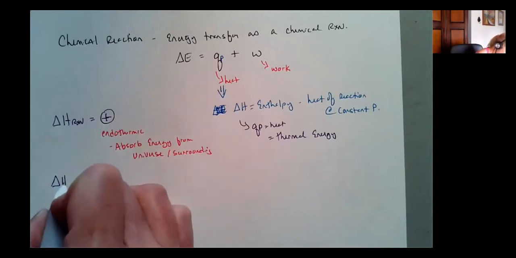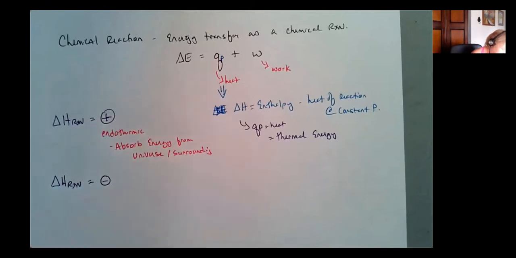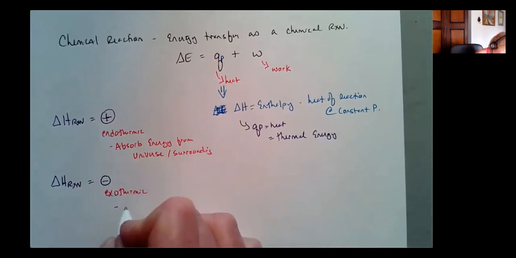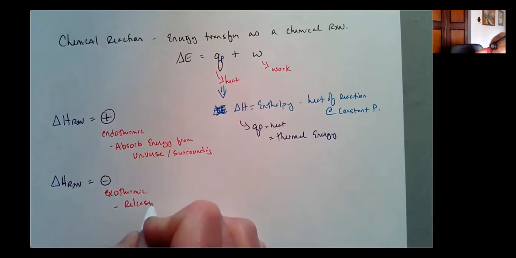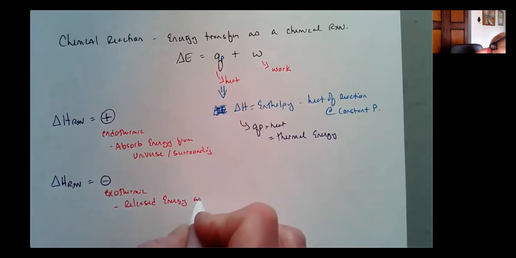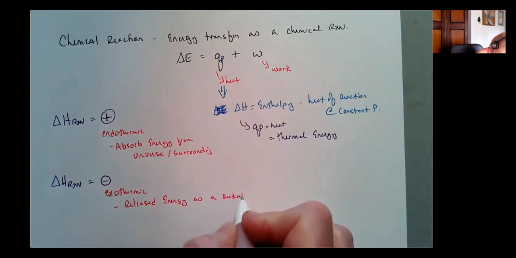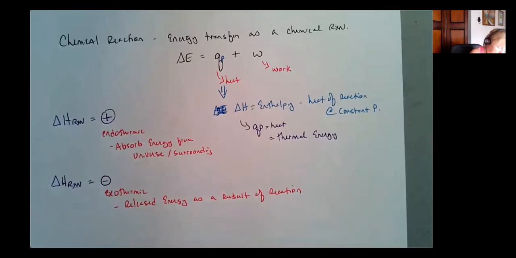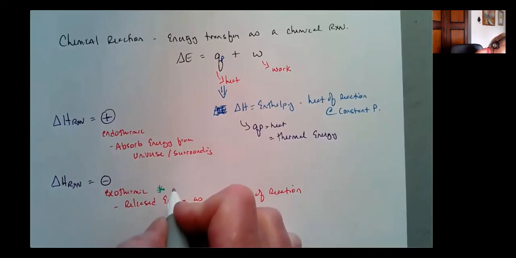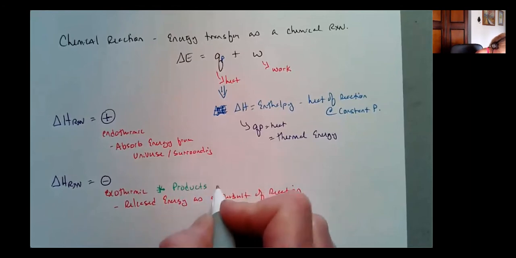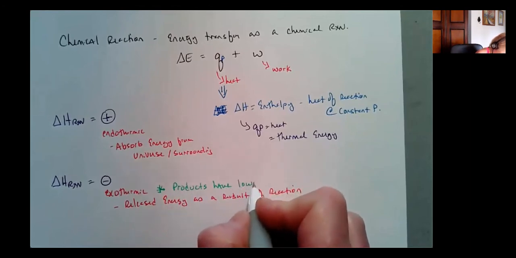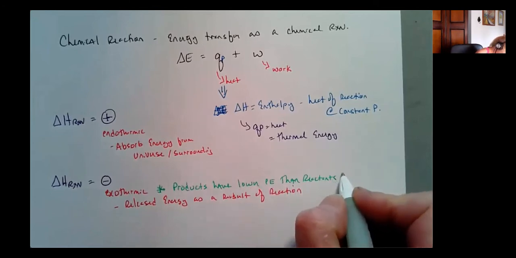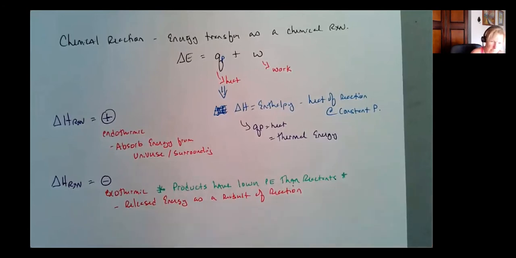If delta H of the reaction is negative, then that's exothermic, and energy was released as a result of the reaction. So when I have an exothermic reaction, my products have a lower potential energy than my reactants, because energy has left that system.